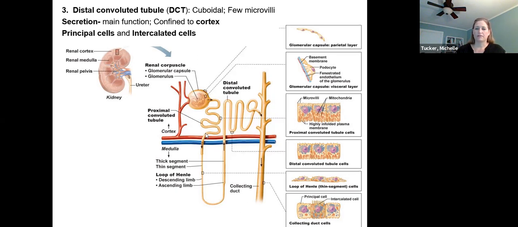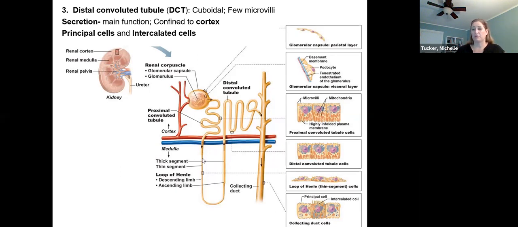The proximal convoluted tubule leads to the loop of Henle. The loop of Henle has a descending limb, a loop section, and then an ascending limb. And next week, we'll talk about these thick and thin segments more, but why some are thick and why some are thin is going to depend on what tissue type they're made from.